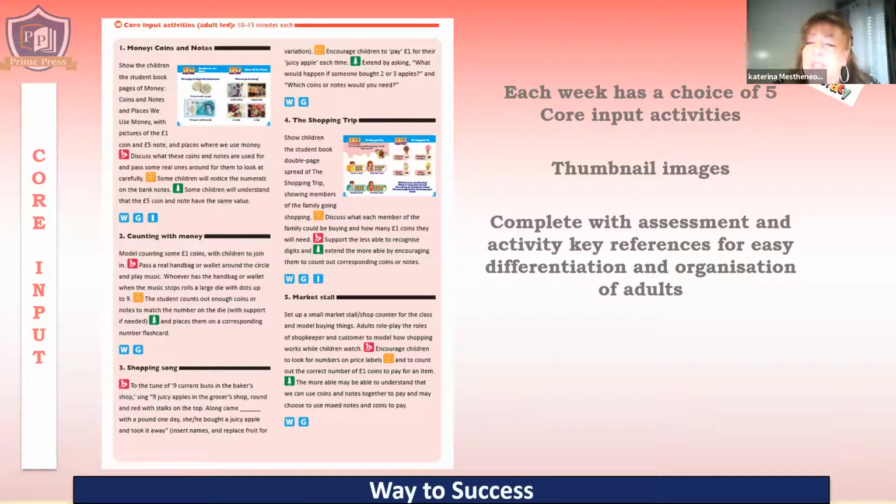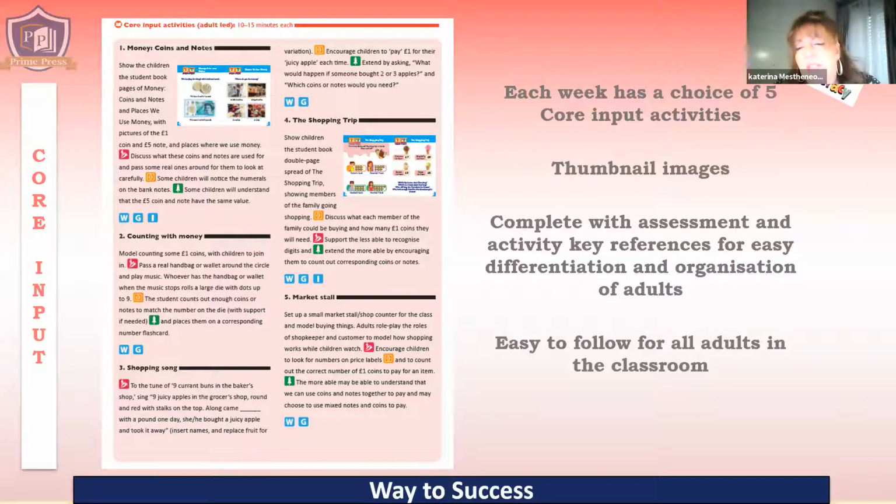They're complete with assessment and activity key references. As I said before, you can see on the page, it's got the symbols for the different levels of activities and the different types of activities. And that makes it much easier for you to actually organize the lessons and what you're teaching. And this key, this system, the language used is easy to follow for all adults in the classroom.